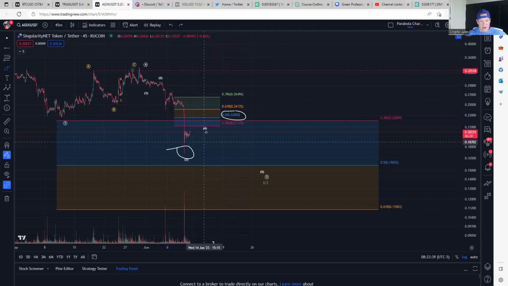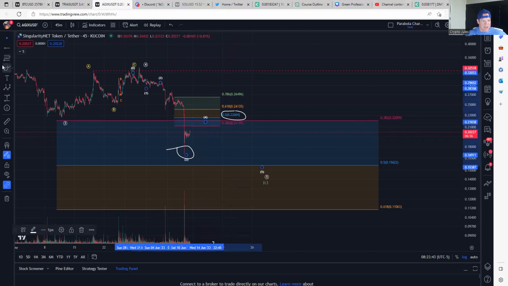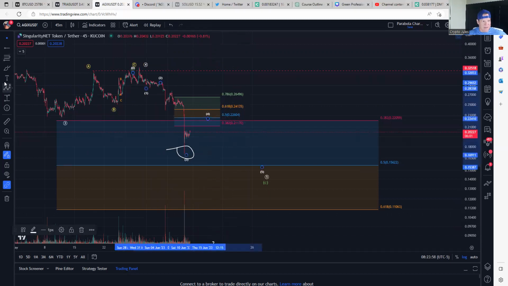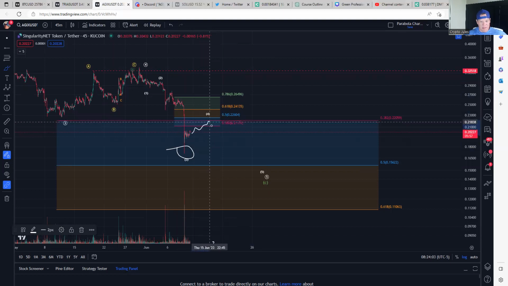It certainly does not have to go that high, but we did have a very shallow 2-wave here, so I would anticipate a deeper 4-wave, which would be a 50% retracement, which could be 22 cents. Certainly doesn't mean it has to get up there, but it could squiggle up and do something like this and then reject from there and then finish our impulse. So that is certainly possible.